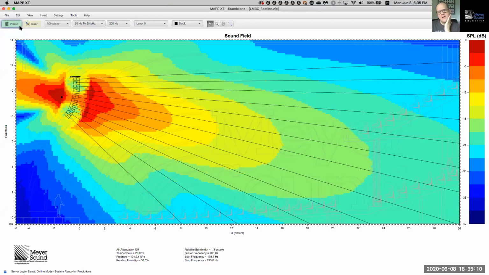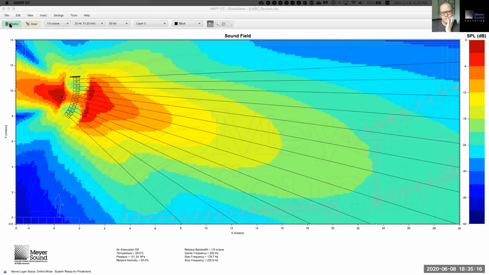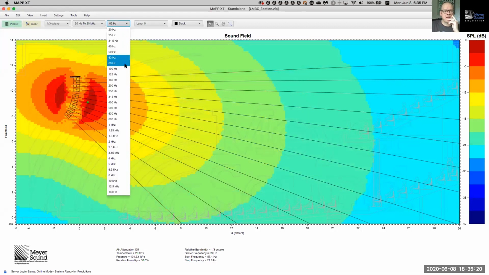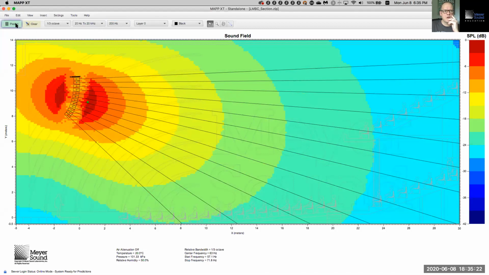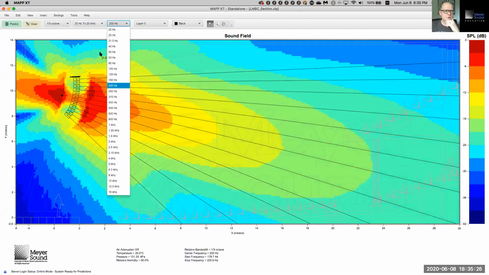Compare this picture at 200 hertz to what happens at 63 hertz. This beam is substantially wider, whereas by the time we get to 200 hertz, this beam is substantially narrower. But by the time we go to the mid and high frequencies, which we already checked out, we know that that beam opens up again as a function of amplitude steering, as a function of point and shoot.